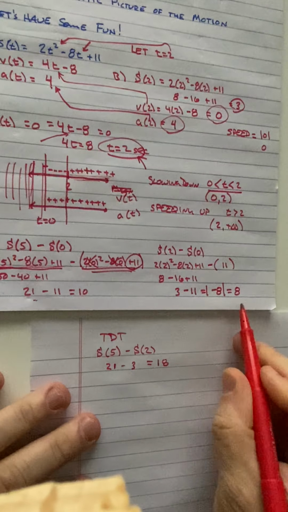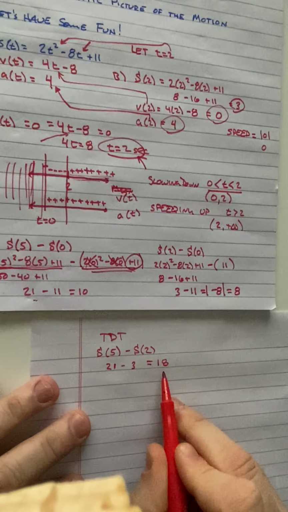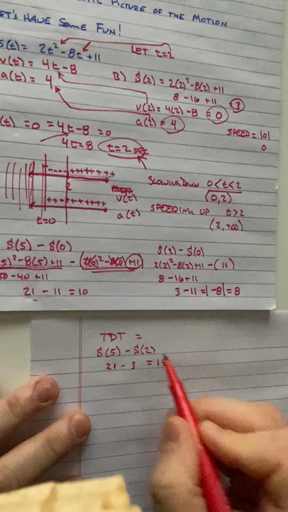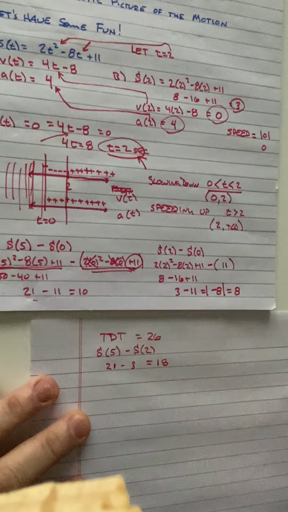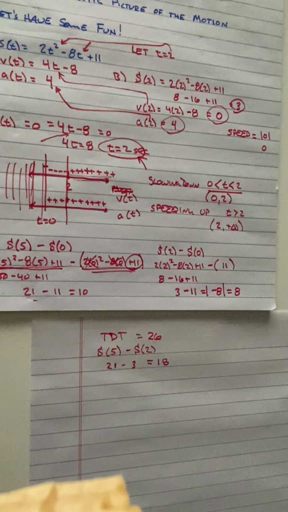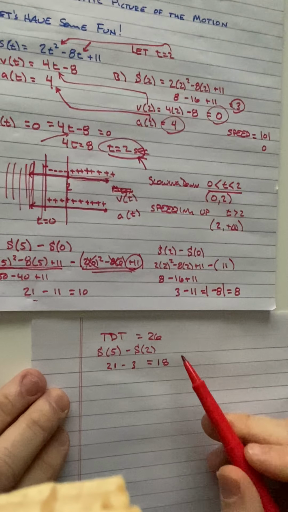We traveled 8 units to the left, 18 units to the right, a total distance traveled of 26 units. Now, depends on what the function's in terms of. Might be meters, might be feet, miles. 26 units. I hope that makes sense to everybody. If it doesn't, make sure you email me and ask some questions. But here's the idea.